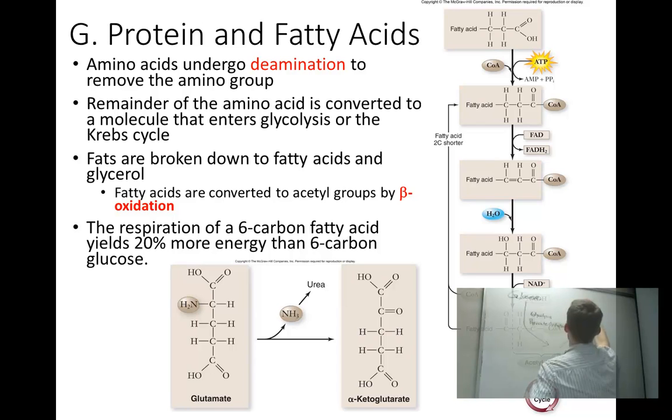If we want to use amino acids, they have to go through deamination.